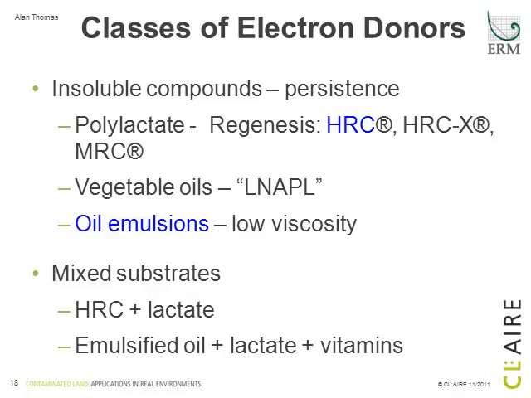Very often you may be mixing substrates to get an initial soluble flux followed by a long-term, slow release of a less soluble compound. So as I said, what I'm trying to emphasize is a whole range of potential alternatives and strategies for electron donor delivery.